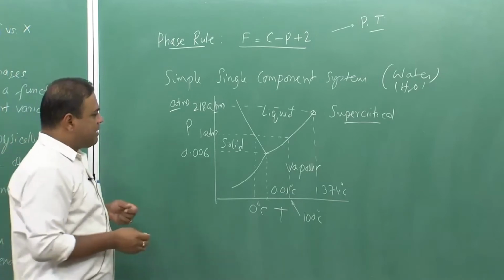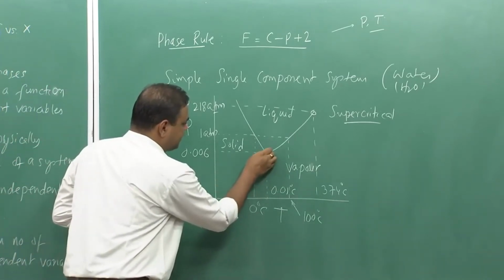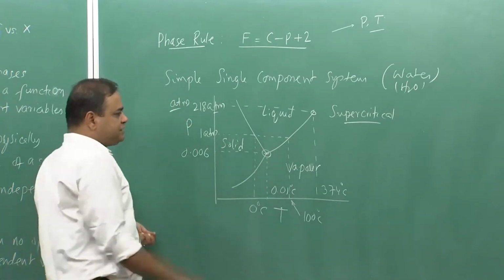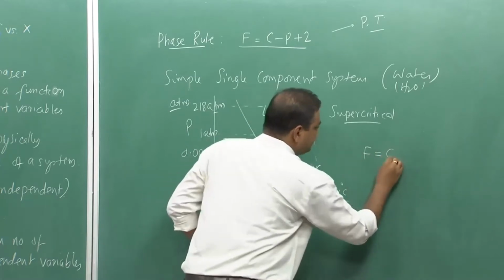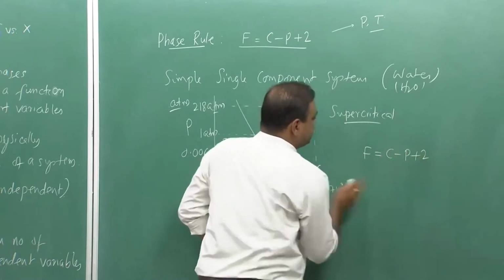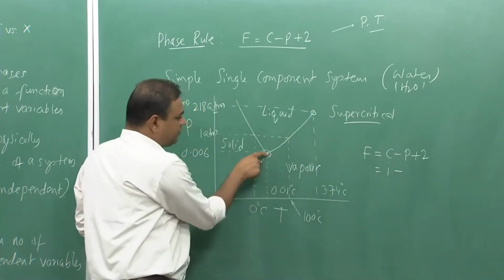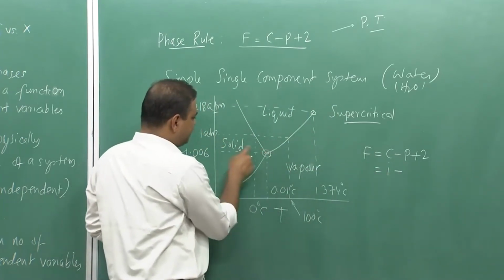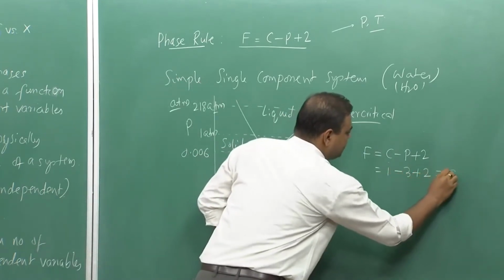So, for example, if I try to find out the degrees of freedom at this point, it would become F equals C minus P plus 2. The number of components is 1, and the number of phases is 3: vapor, solid and liquid. So, 1 minus 3 plus 2 equals 0.